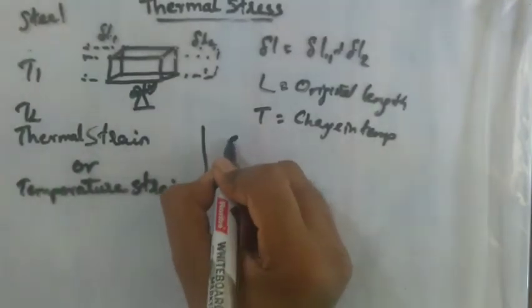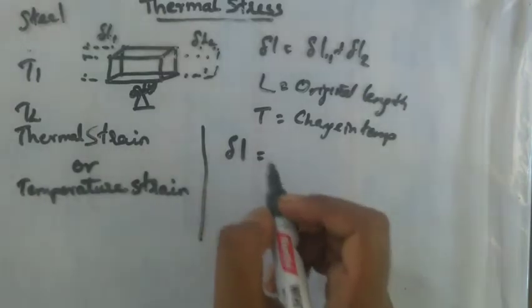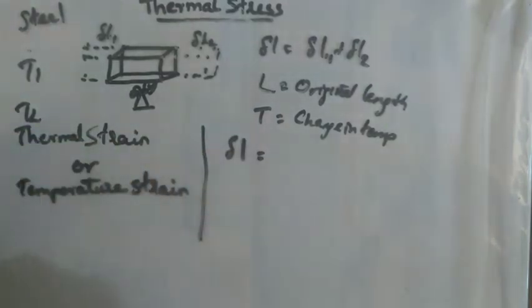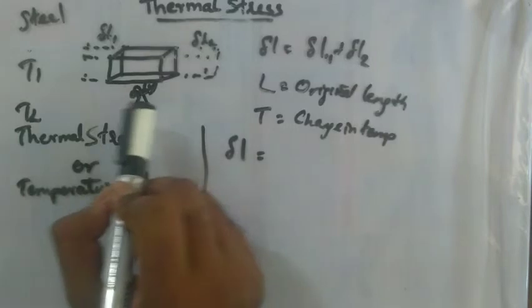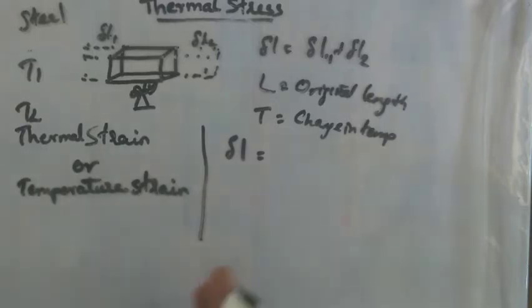First, let's get the expression for delta L, the change in length. We have an original length L and a change in temperature T, and every material has a coefficient of linear expansion. If the coefficient of linear expansion is more, the material gets elongated more. If it is less, the material does not expand too much.